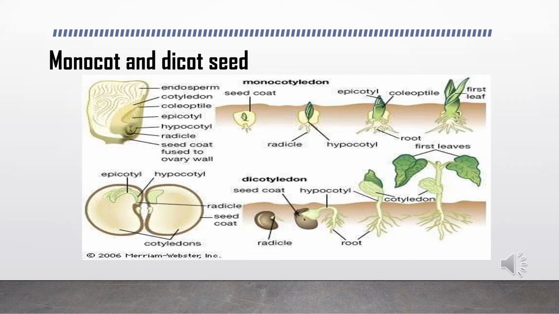Monocot and dicot seed. This is the beginning that causes monocot and dicot to grow differently. We can see that monocot have one cotyledon and dicot have two cotyledons.